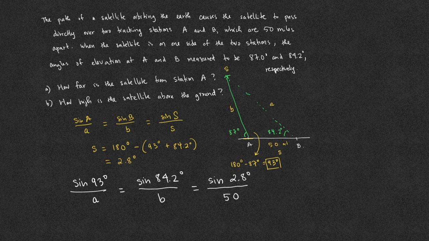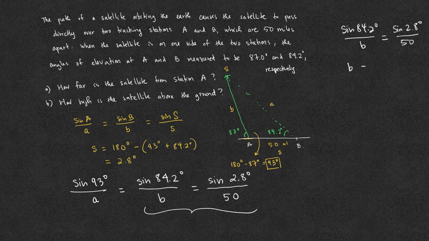There are several equations here, but since we're looking for b, we will use the last equation, which states that sine of 84.2 degrees over b equals sine of 2.8 degrees over 50.